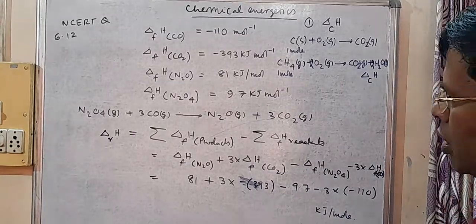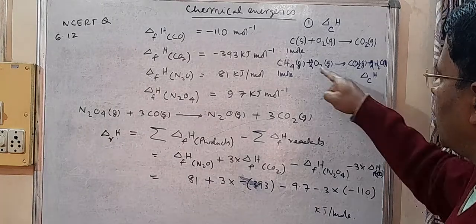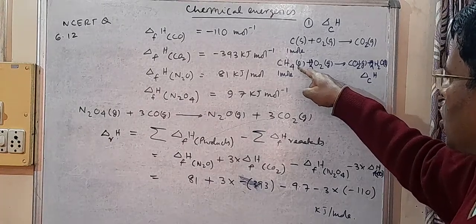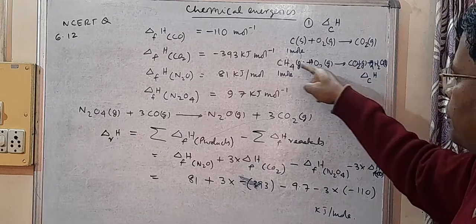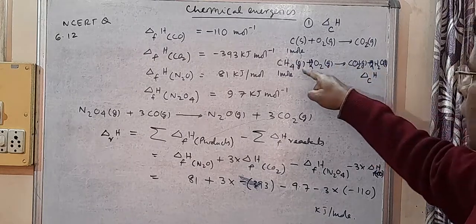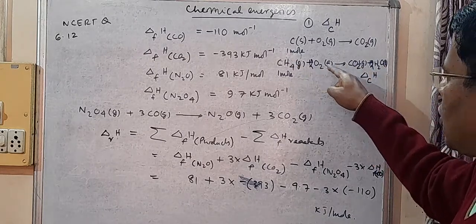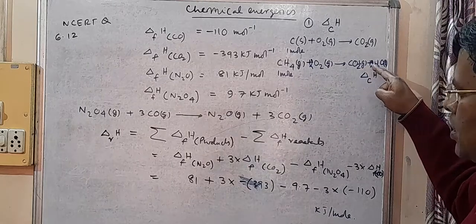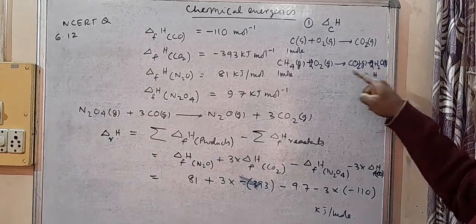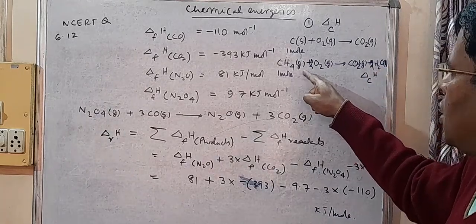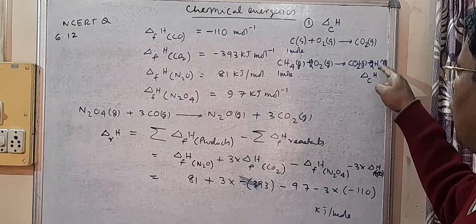Now children, we have written so many equations of this type where the physical states of the substances are mentioned. Say it's gaseous here, gaseous here, water is liquid here.